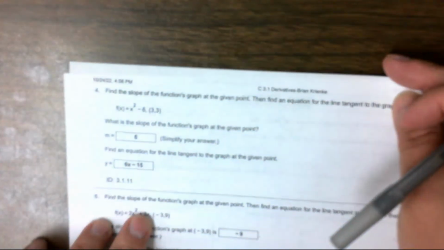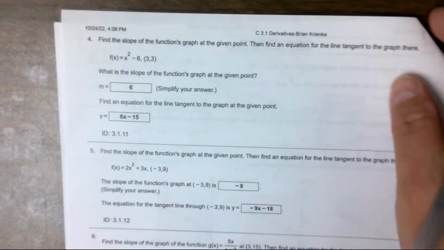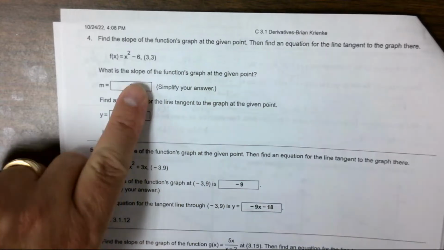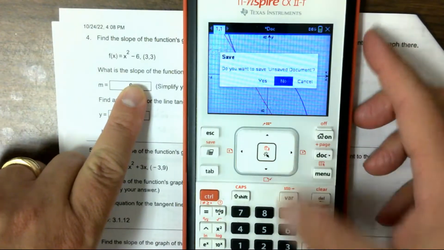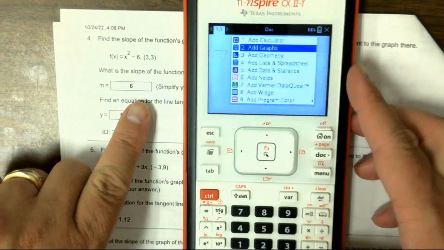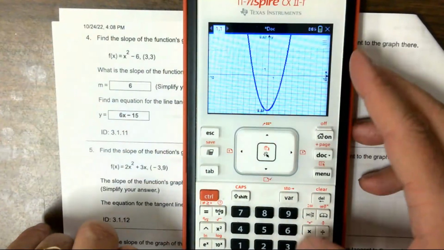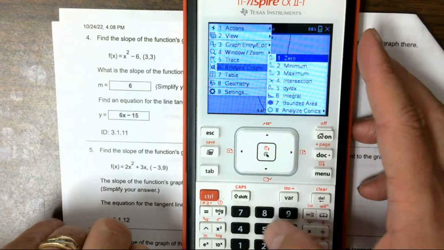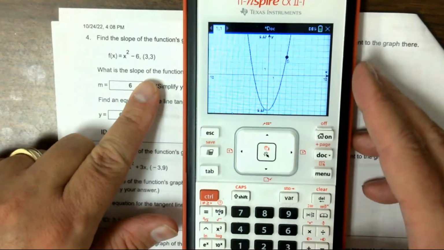Looks like a lot of these are the same type problem. So on this one, we're doing x squared minus 6. Then we do menu, analyze, dy dx, position 3, and our answer is 6.